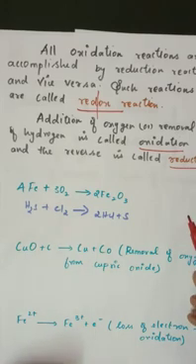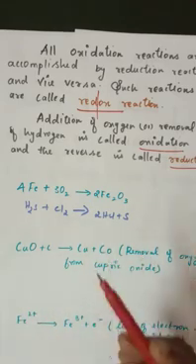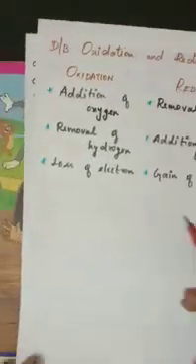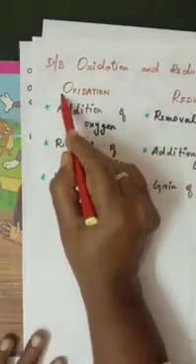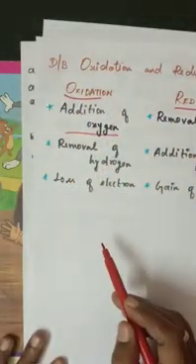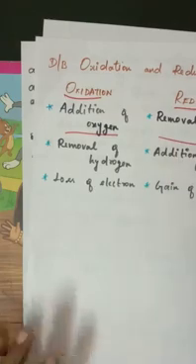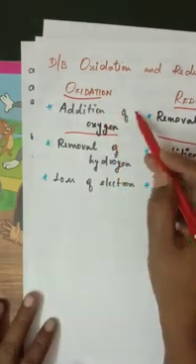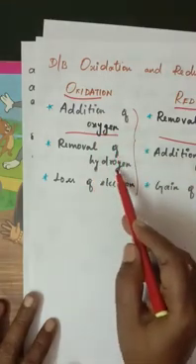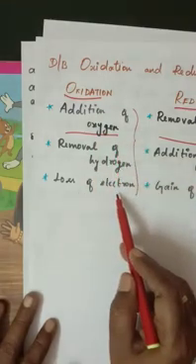Simply, we are going to see what oxidation as well as reduction is. You have already learned this in 10th standard. We can see three definitions for oxidation as well as reduction. Addition of oxygen and removal of oxygen. Oxidation has three definitions: addition of oxygen, removal of hydrogen, or loss of electron.